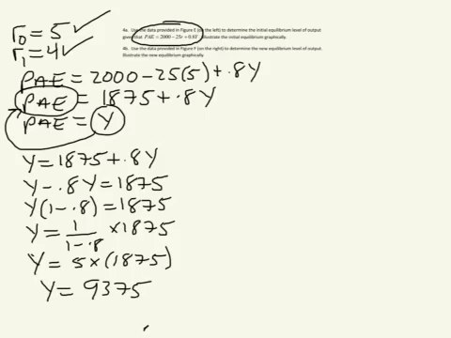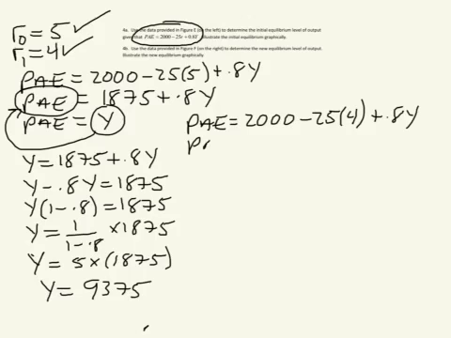So again, I'm going to go back to the original equation, and I'm going to substitute in the interest rate at 4. So planned aggregate expenditures is going to be 2,000 minus 25 times 4 plus 0.8y.